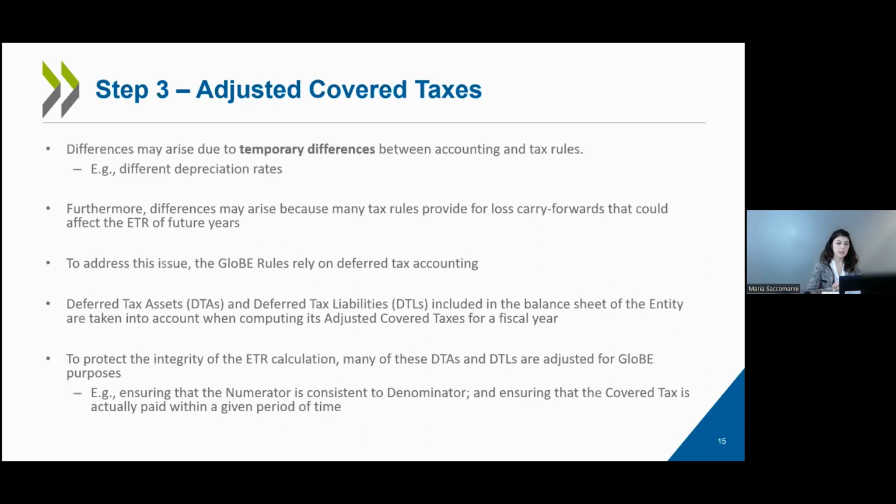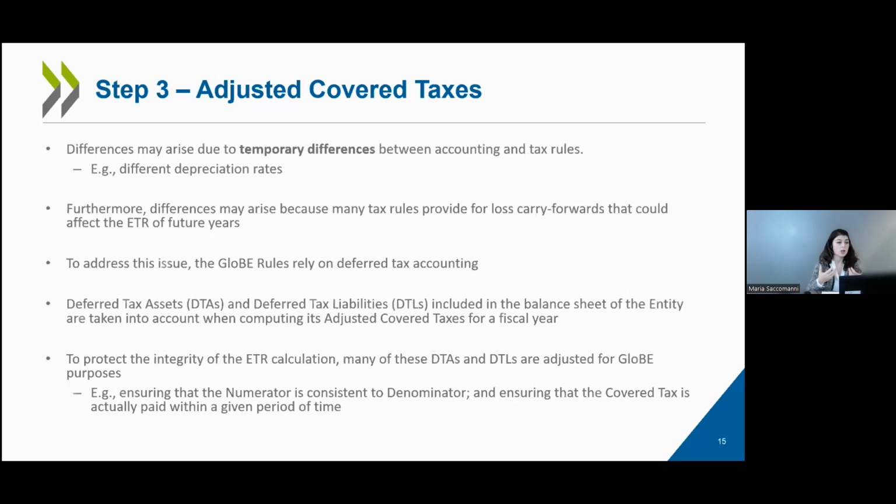And it may happen, and it generally happens, that the accounting principles used by the single constituent entity may be different than the ones used for financial consolidated purposes.